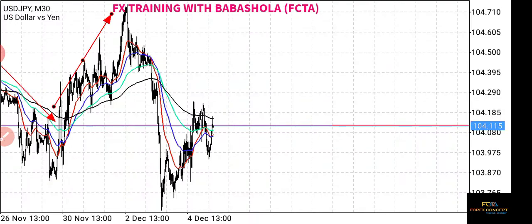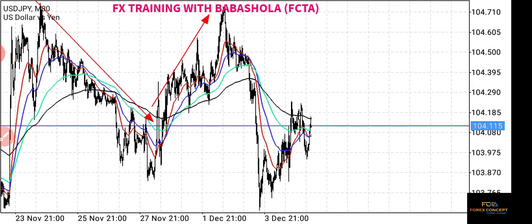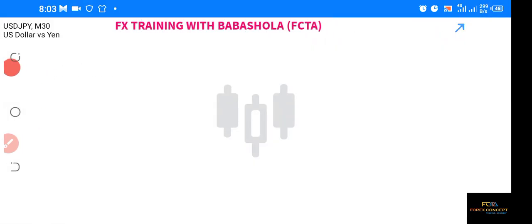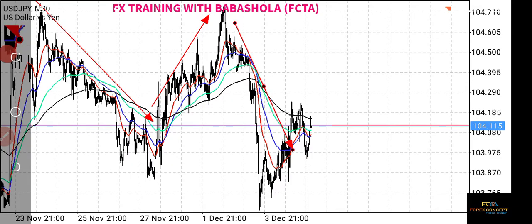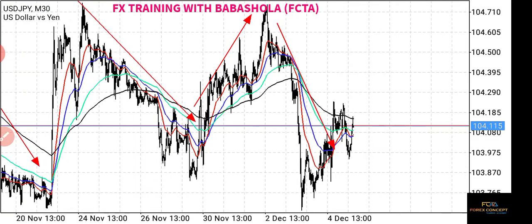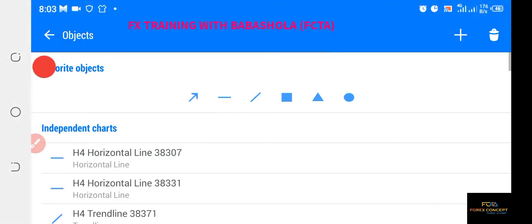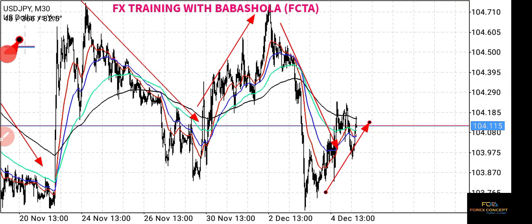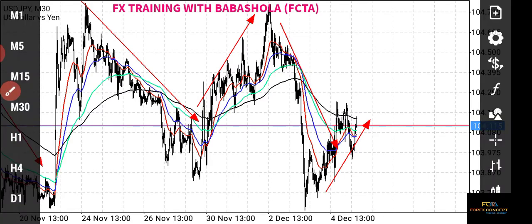Then we have a downtrend here. Then it seems like an uptrend is beginning to form here. Can you see? But before that, just check on the H1 chart or the H4 chart to see what is actually going on.